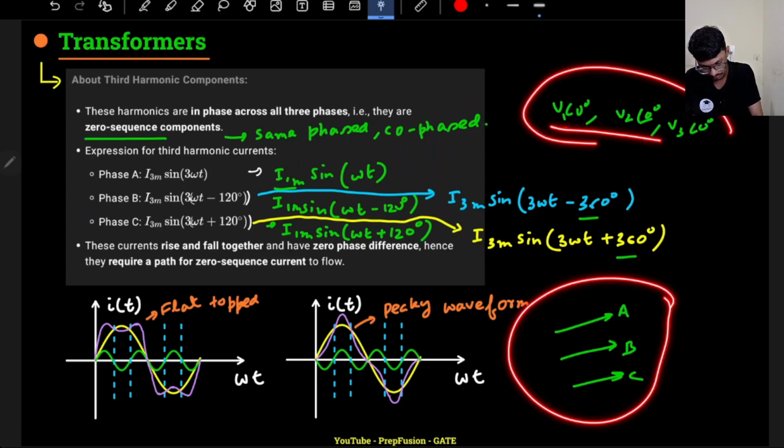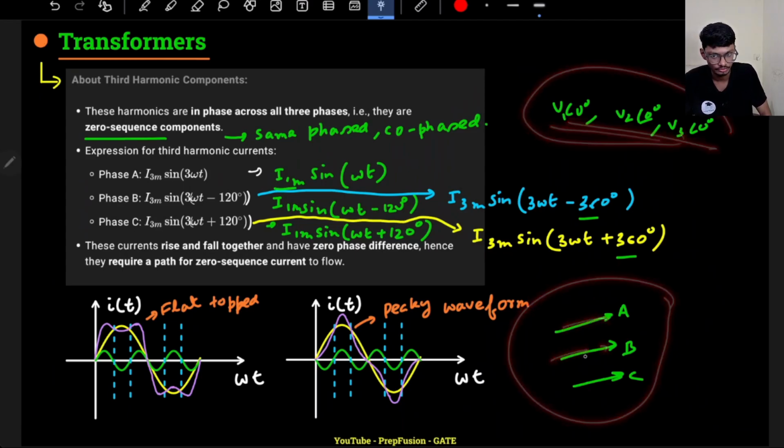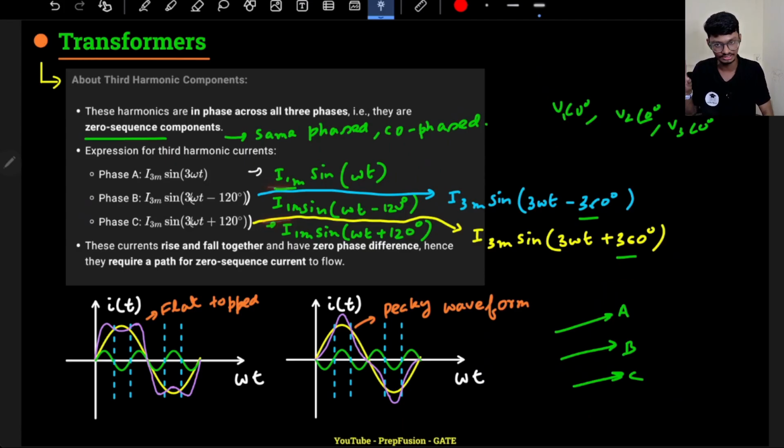All of them have zero phase shift and equal magnitude, because previously also they were in equal magnitude only.